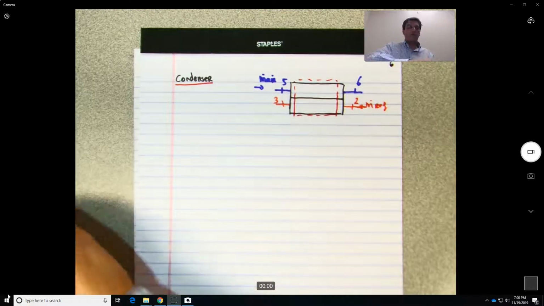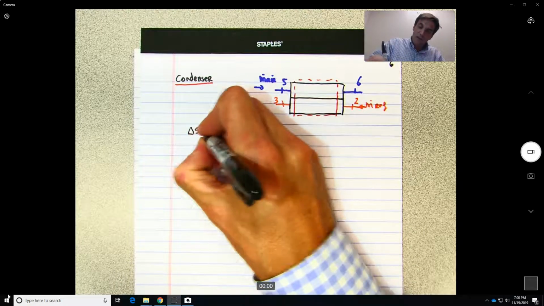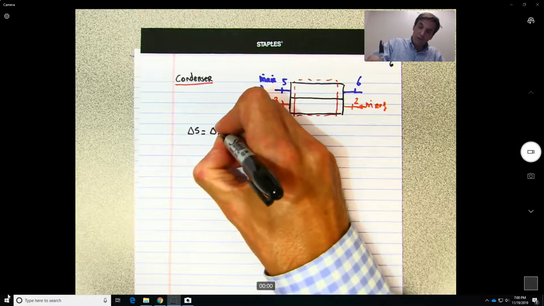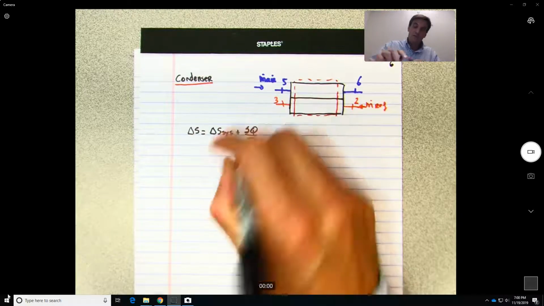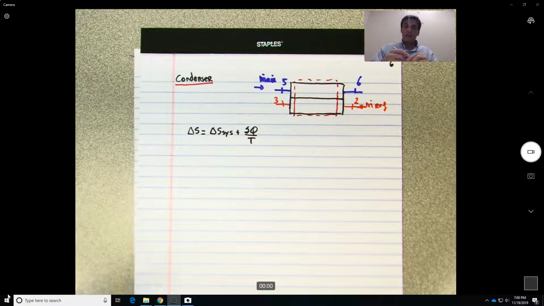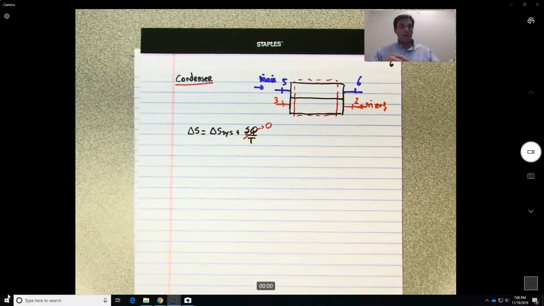Okay, so for that control volume, again, the change in entropy is equal to the change of entropy of the system plus the change of entropy with the surrounding. Since there is no heat transfer, this will be equal to 0. But now is when it's a little bit different.